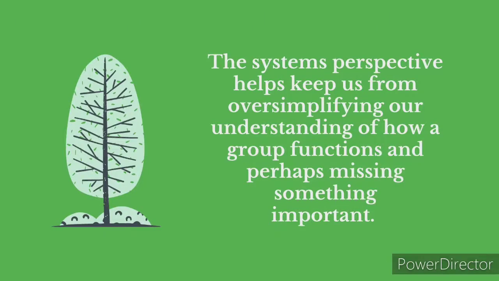We can say that the systems perspective helps keep us from oversimplifying our understanding of how a group functions and perhaps missing something important. For example, system theory emphasizes multiple causation.